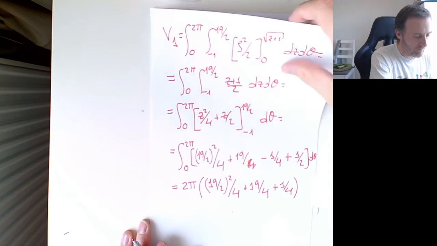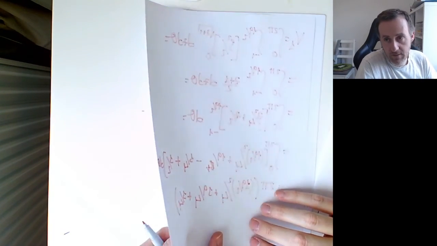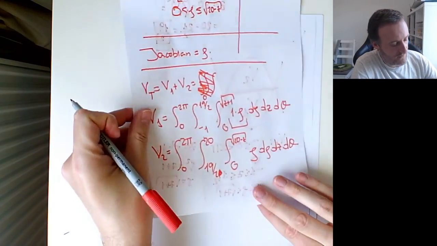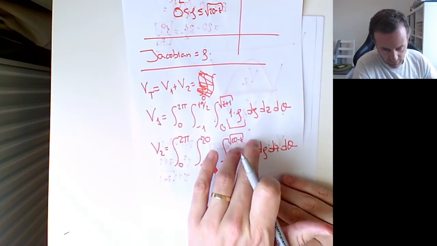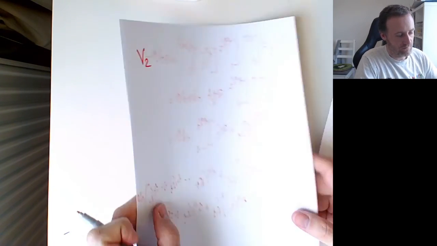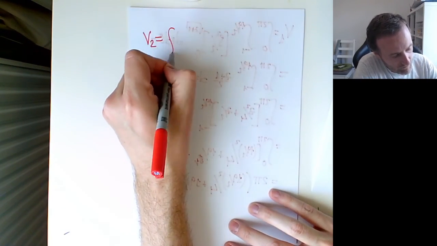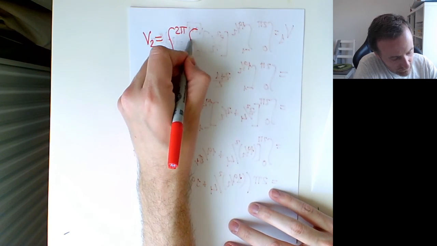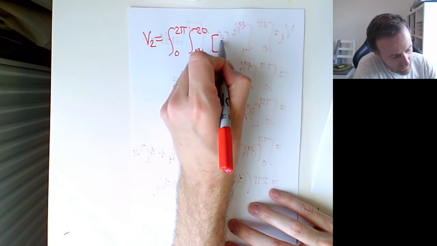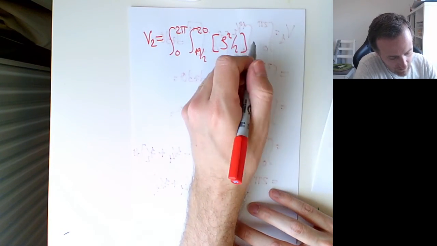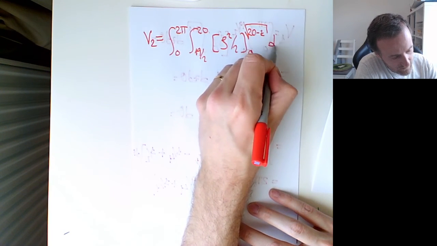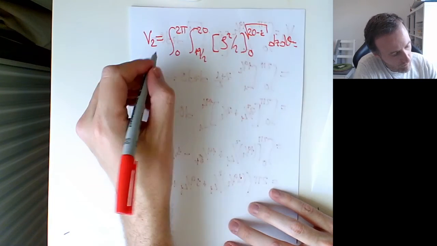The second volume is done similarly. We must first integrate rho, so we get rho squared divided by 2 between 0 and the square root of 20 minus z, dz d theta.